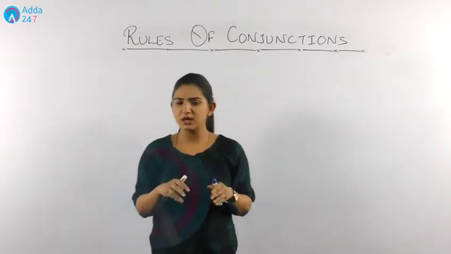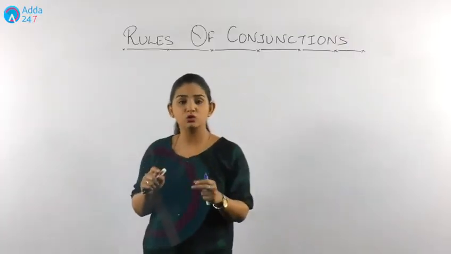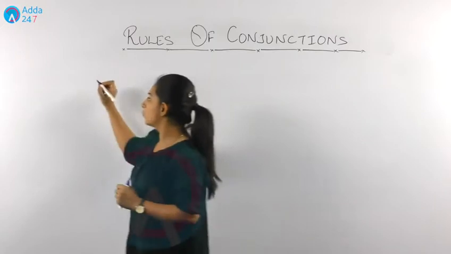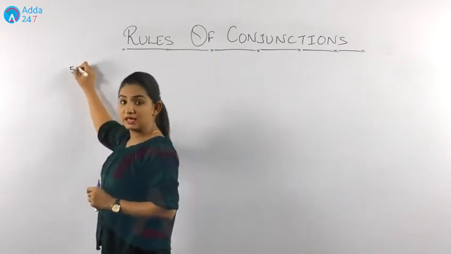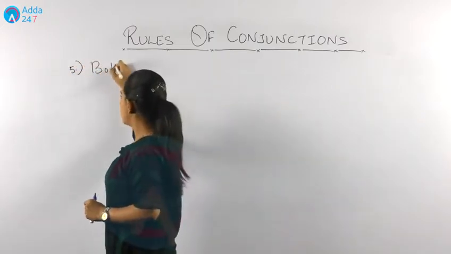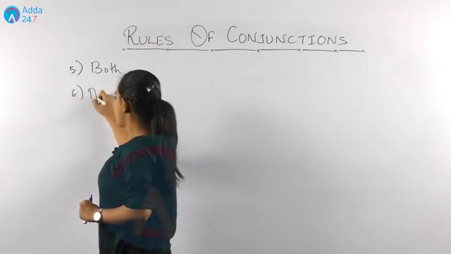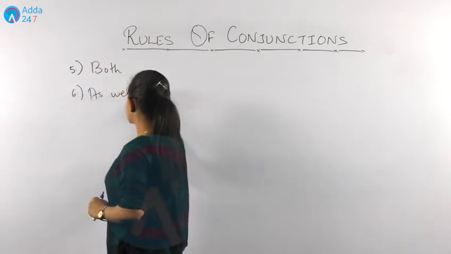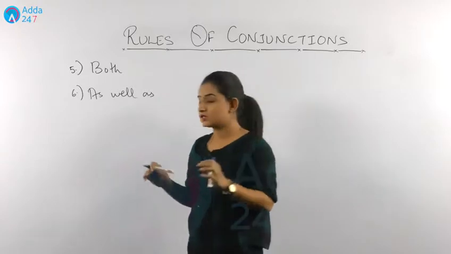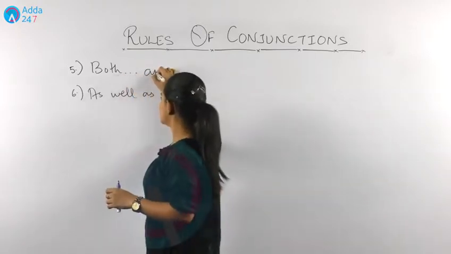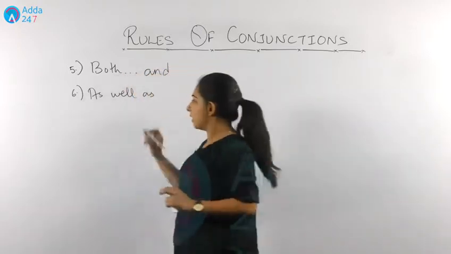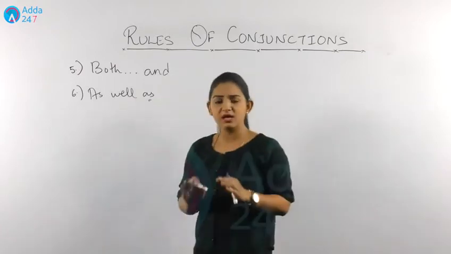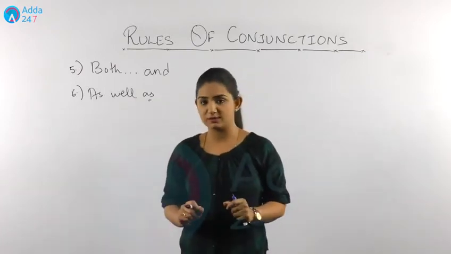But what is the condition if I want to accept both, then what we can use? We can either use both or we can use as well as. Now be very particular about this. When we use both, we need to mention and with it. And while using as well as, we do not mention anything with this, right?